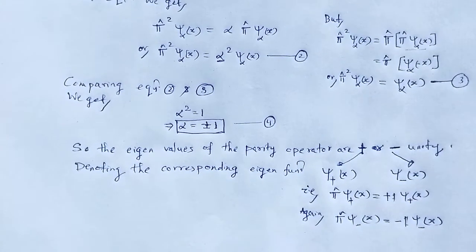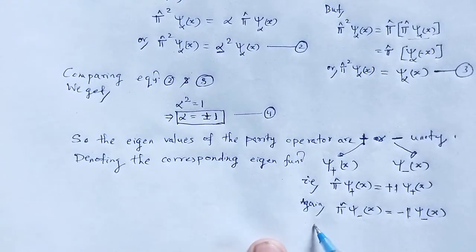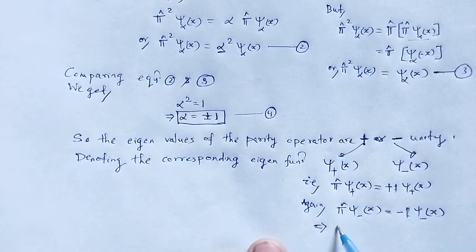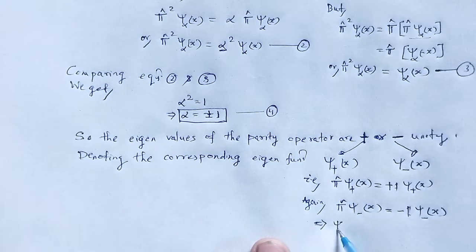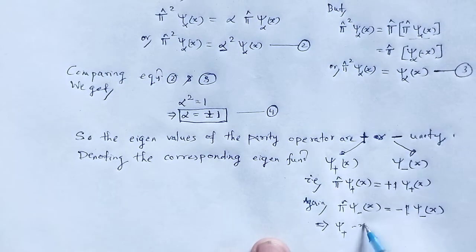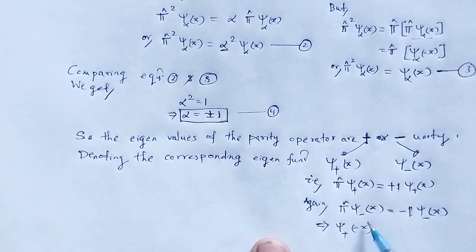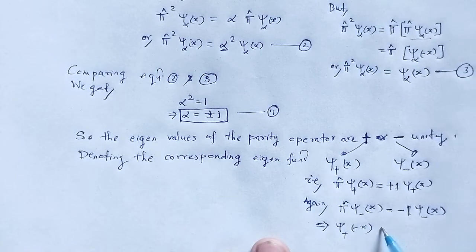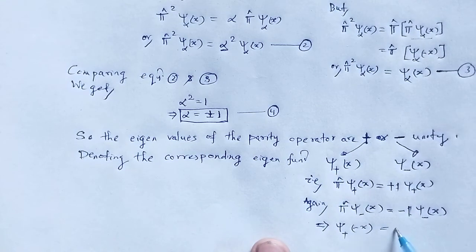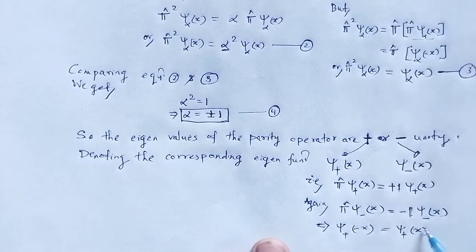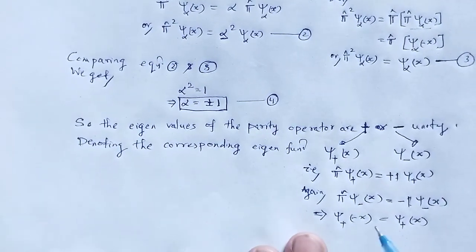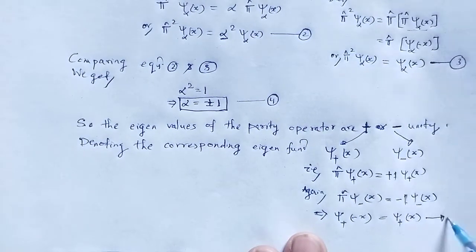which implies, look at that equation, when the parity operator operates over that, it gives rise to psi plus of minus x. Just change the sign, that gives psi plus of x, that value will be an even function.